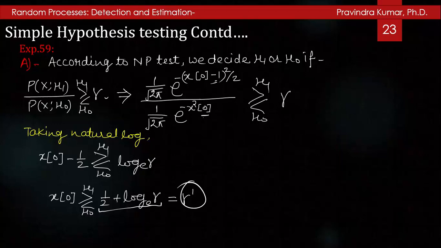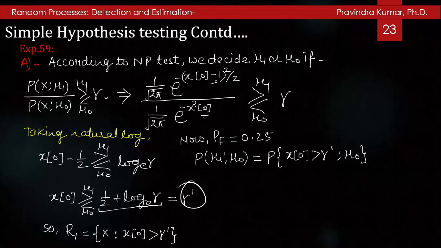From this you can have the critical region R1, which will be the sample space where x naught is greater than gamma dash. The probability of false alarm is 0.25, and the probability of false alarm means the probability of deciding H1 when H0 is true, that is, the probability that the observed sample is greater than gamma dash when H0 is true. So it will be the integral from gamma dash to infinity of 1 by under root 2 pi e to the power minus x square by 2 dx, which is the PDF under hypothesis H0.